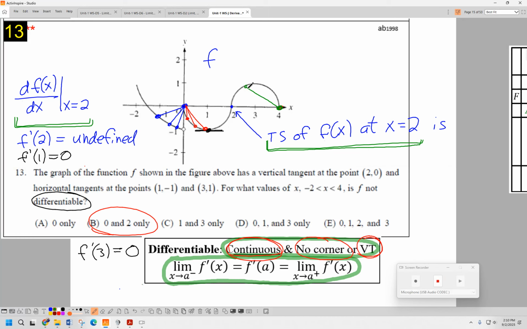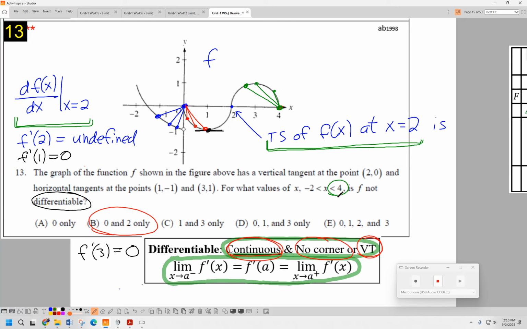And I can make my secant shorter and shorter to the left. You good with that? I cannot draw a secant to the right. There's nowhere to draw it. So actually the function is not differentiable at x equals 4 as well, because a function is never differentiable at an endpoint, because you can't draw the other secant slope. They just didn't ask about it. It said for values less than 4.